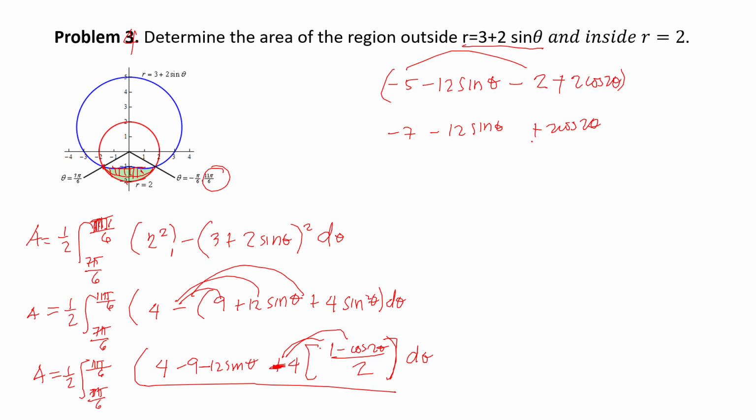And we have here 1/2 multiplied by 1/2. So the remaining is negative 7 over 2 minus 6 sine theta plus cos 2 theta.